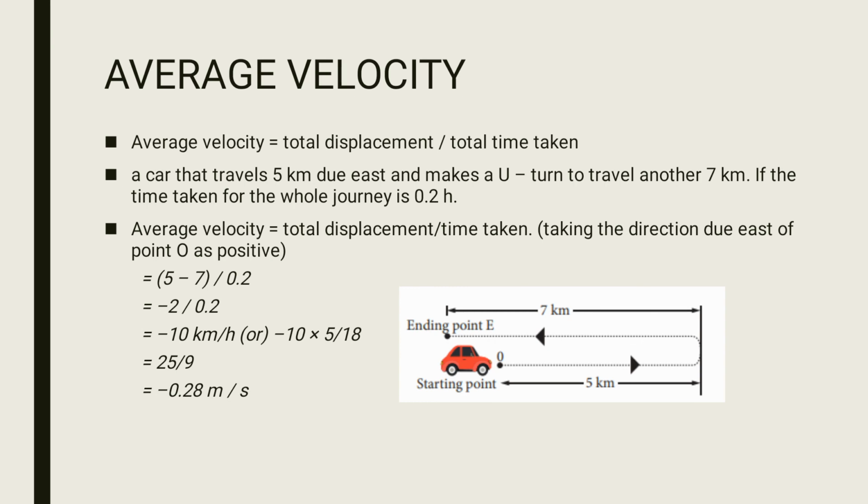And the last one is average velocity. Average means that for example, if a boy gets different marks in each test, like 4 tests, we can have average of these marks as the sum of the 4 test marks divided by number of tests.